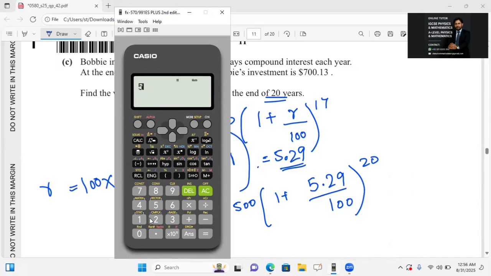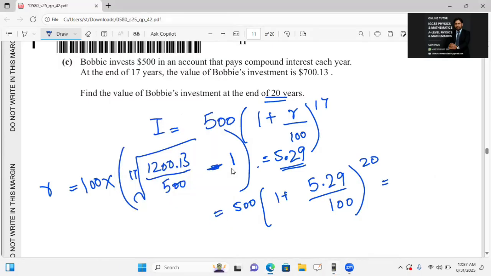That is 500 bracket start 1 plus 5.29 divided by 100, bracket close, whole power 20 equals 1401.